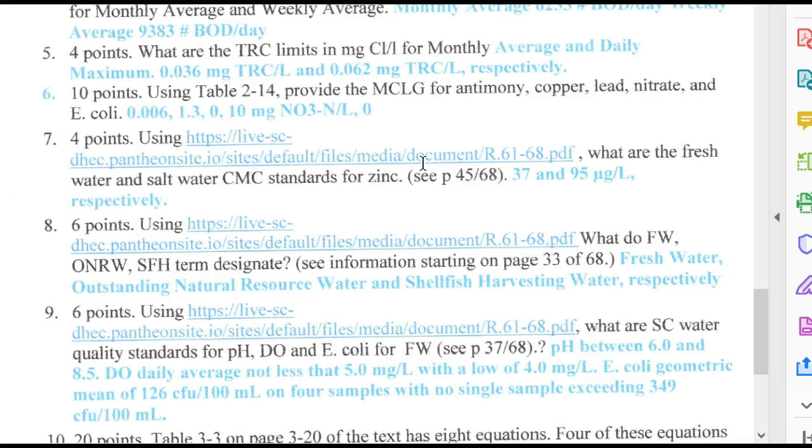Okay, FW is obviously freshwater, ONRW is outstanding natural resource water, and shellfish harvesting water. Easily found in that reference.